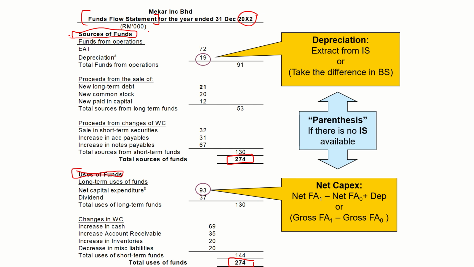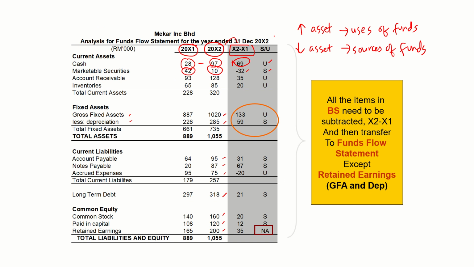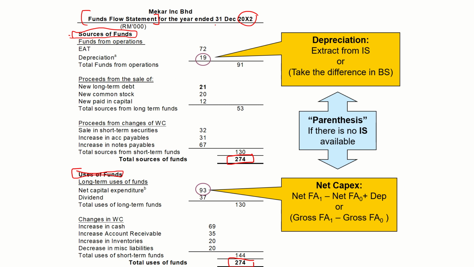So from here we are extracting what we calculated, this amount and this amount, and we put it in here. This depreciation we get from the income statement, and also this one.